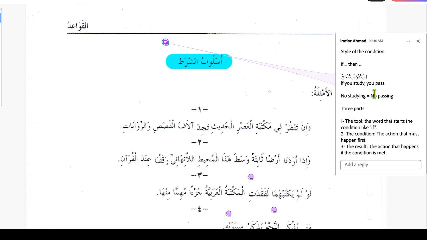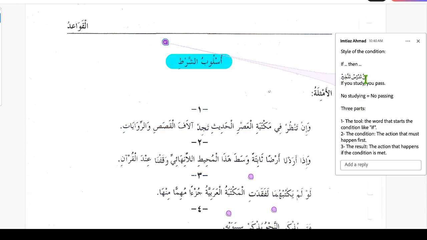So this is called a conditional sentence that has a condition, and this conditional sentence has three parts. Like we see in this sentence, in is the first part, tadrus is the jumla fi'liyya, that is the second part, and the third part is tanja, which is also jumla fi'liyya.